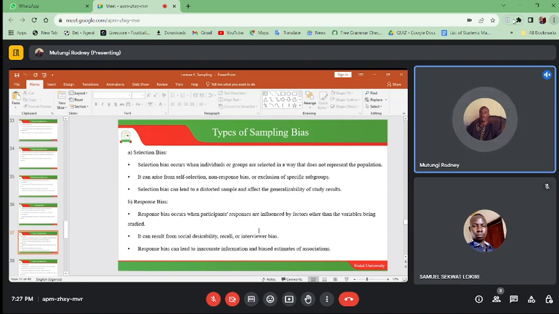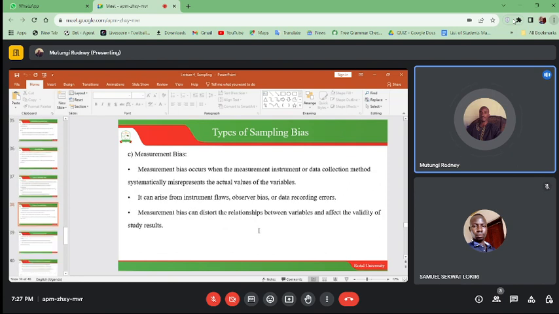So someone might look like they are employed, and that is what you think as an interviewer. If they tell you they are unemployed, because you think they are employed, you write employed, and yet they are unemployed. All that can lead to sampling bias, and of course it will result in inaccurate information.